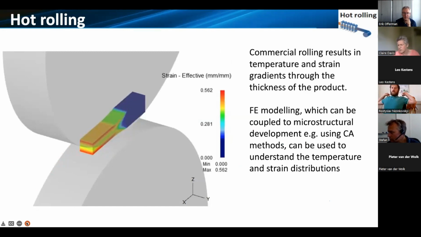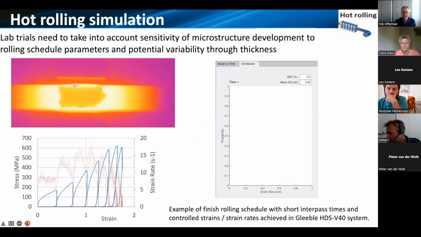When we start to go to very thin products, such as some of the strip, actually a lot of the behaviors for thin strip start to become very similar, because you recrystallize repeatedly down to a similar grain size, for example. But with thicker product, these temperature and strain gradients become particularly significant. So we need to be conscious of that in how we replicate behaviors.